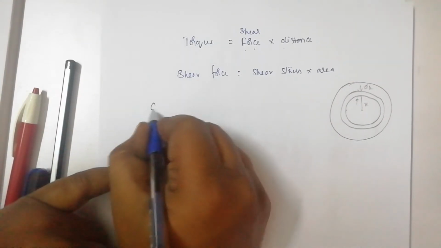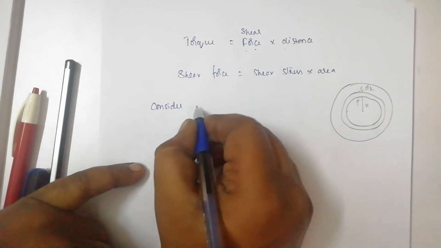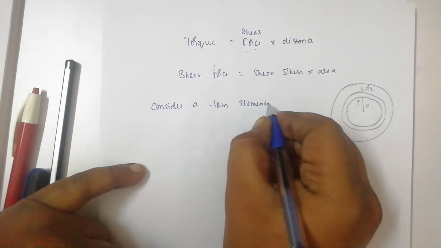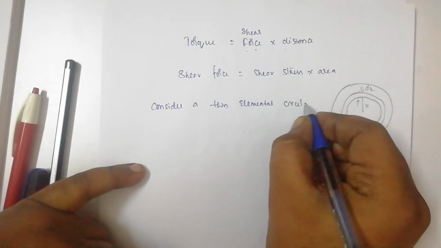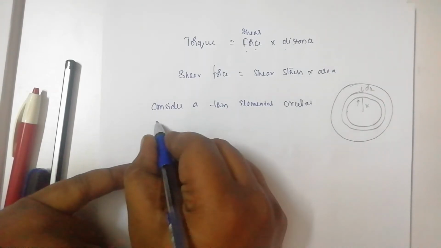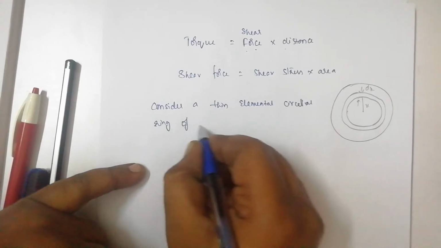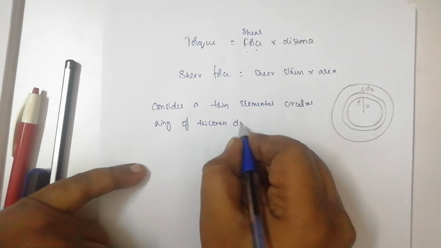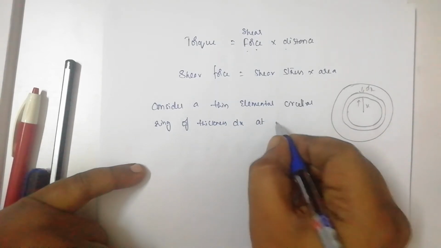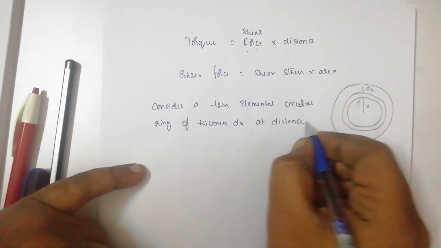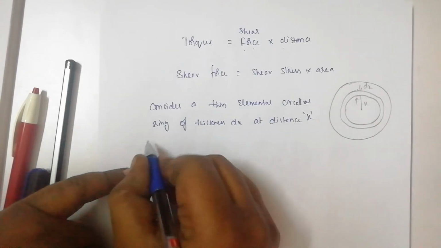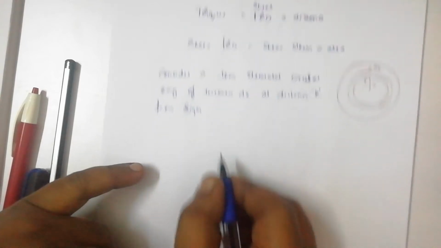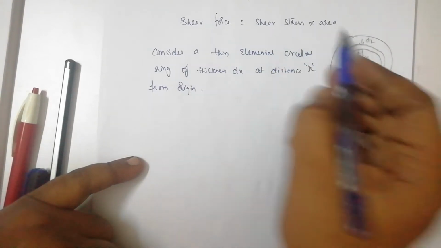Now, you can write here: consider a thin elemental circular ring of thickness dx at distance x from the origin. Clear?